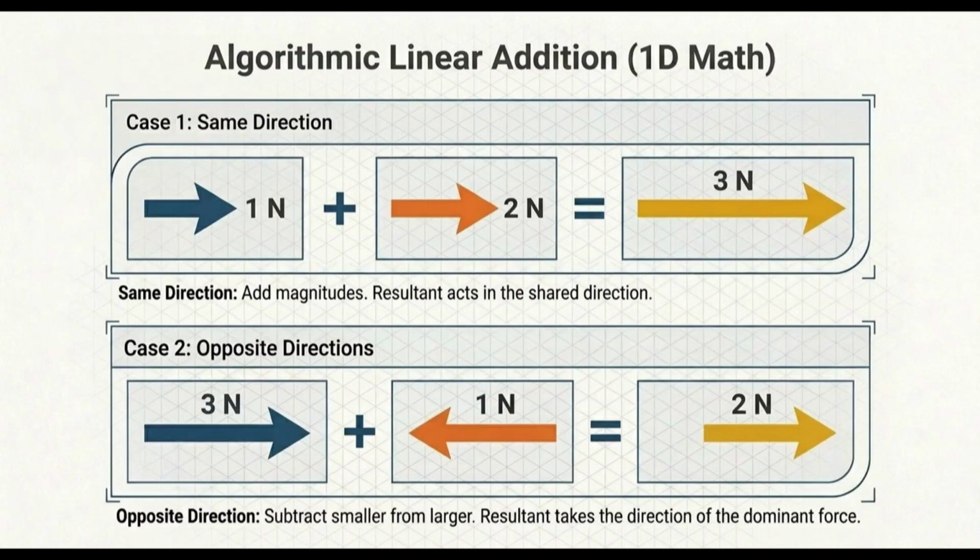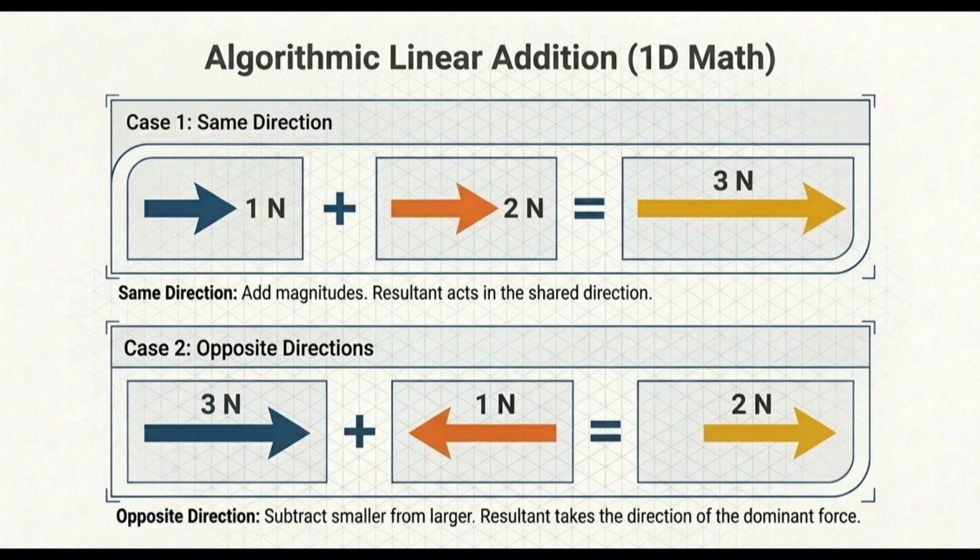What is the algorithm of linear addition? When two or more forces act along the same straight line, vector addition becomes straightforward. If they are in the same direction, you can easily add them. But what if the forces act in opposite directions? You will have to take the negative.